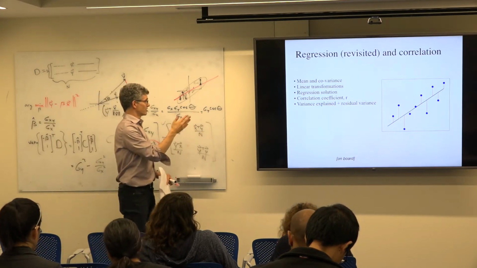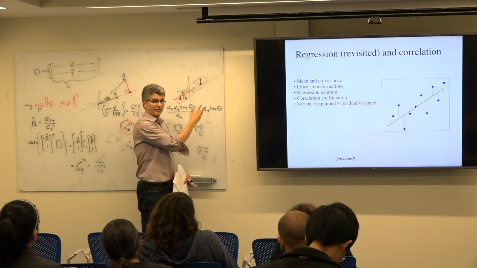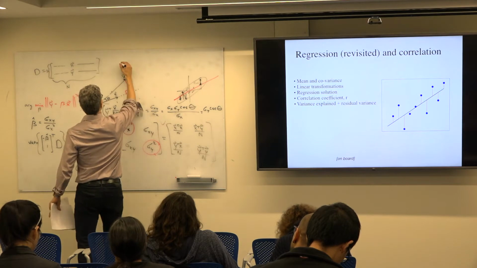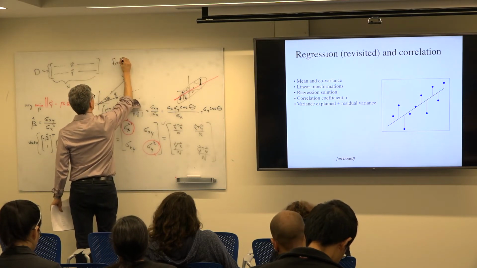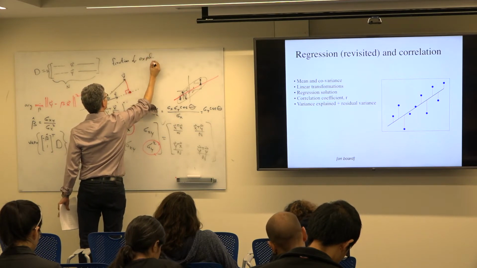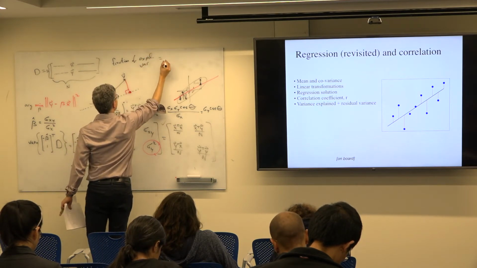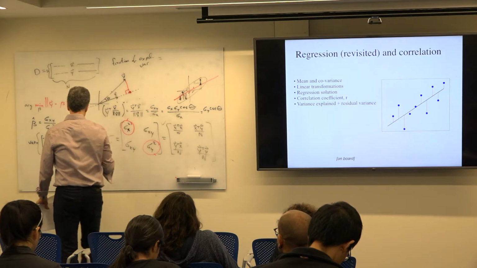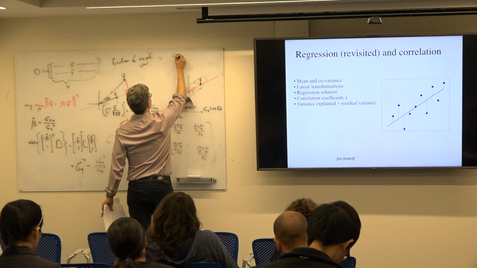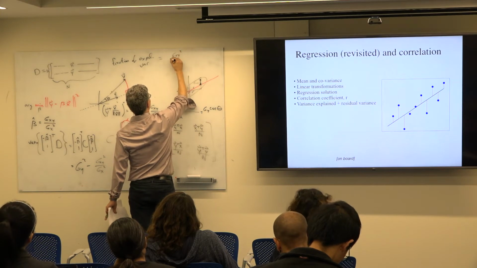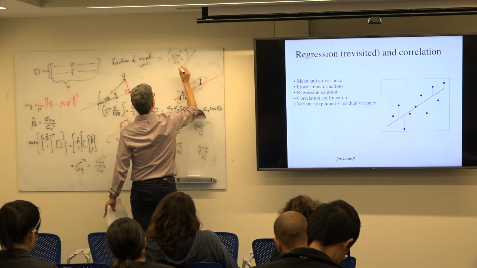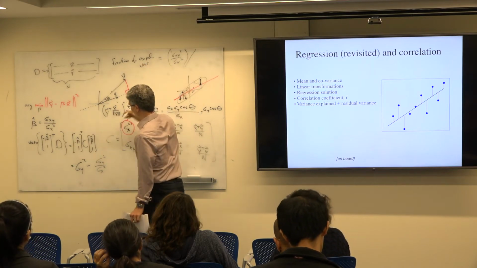What I might want to know is not the absolute variance, but the fraction. So if I want the fraction of explained variance, what is it? Well, it's this. This is the explained variance, sigma xy squared over sigma x squared, divided by the original variance, which is sigma y squared.